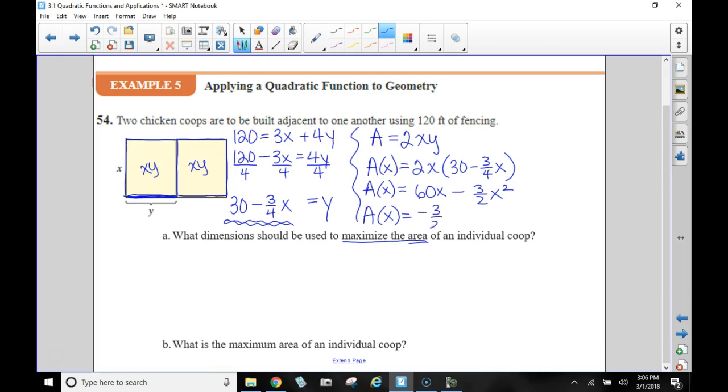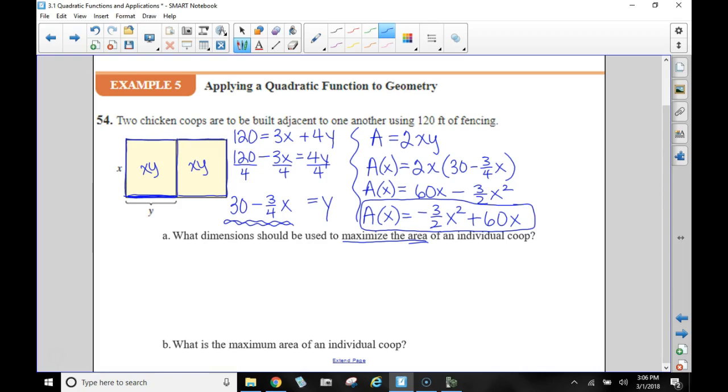I'm going to write the negative 3/2 x squared term first, and then the plus 60x. Okay? All right, now this is my area function that I am going to try to find the maximum dimensions of. Really, it's going to be an x by y coop.